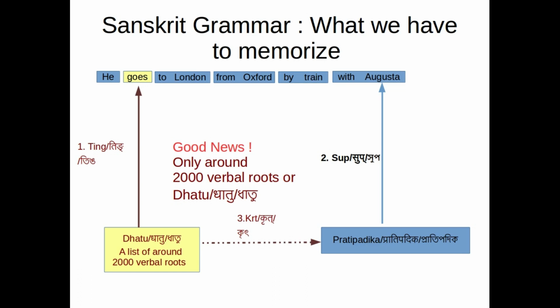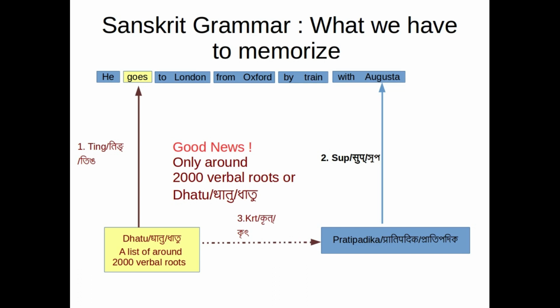So the good news is the Sanskrit dictionary, we can say, is only 2000 words long. Compare it with the Oxford English Dictionary, around 300,000 entries. So, on one hand we have 2000 words in Sanskrit, and on the other hand we have around 300,000 words.